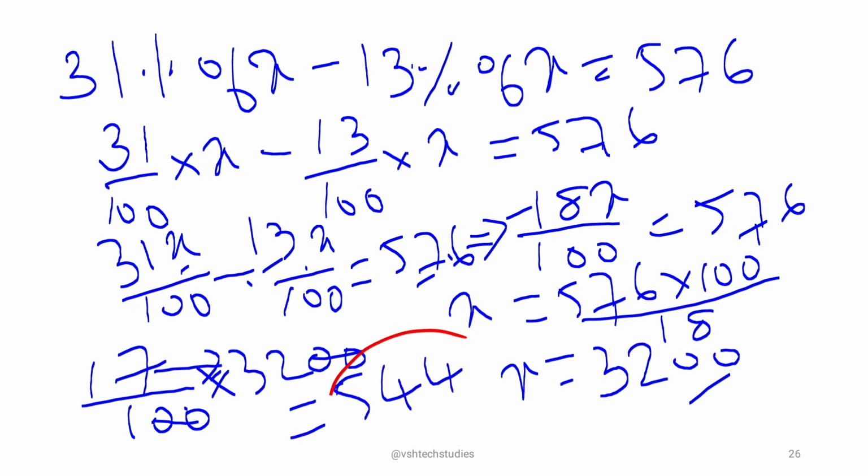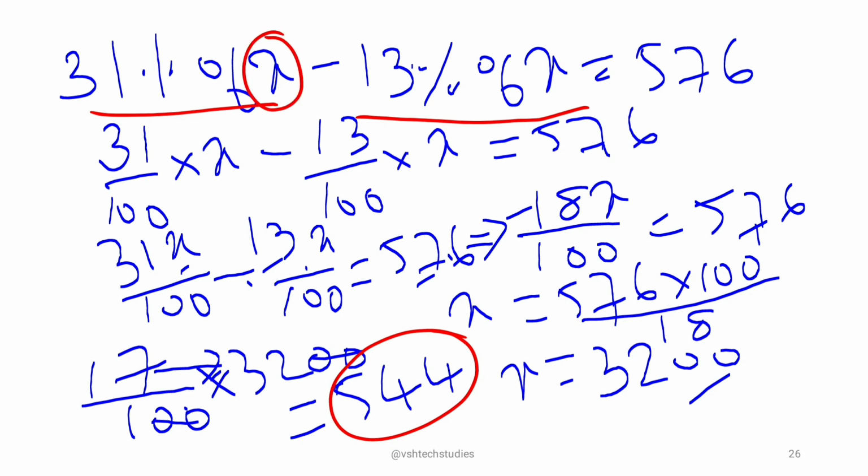This is the answer. So what is this? This is 31% of x minus 13% of x. That is, the difference of 31% of a number and 13% of a number is 576. Then what is 17% of that number?